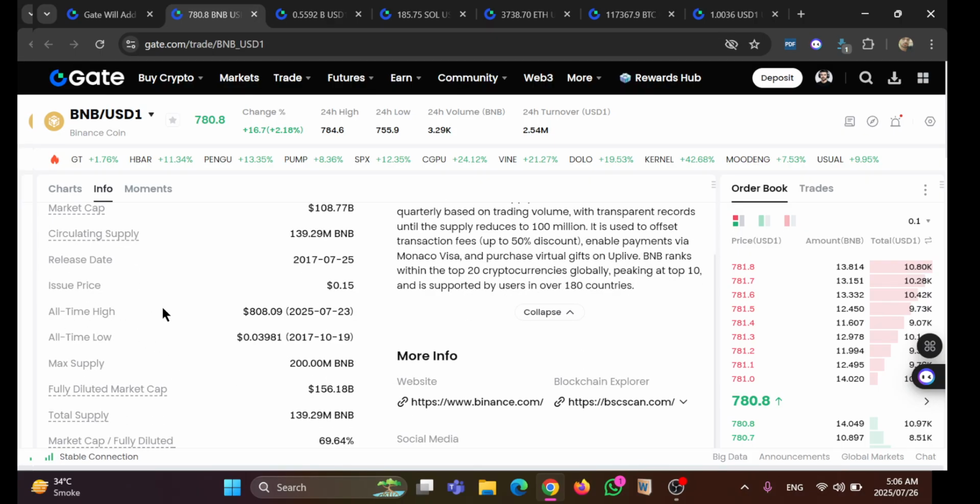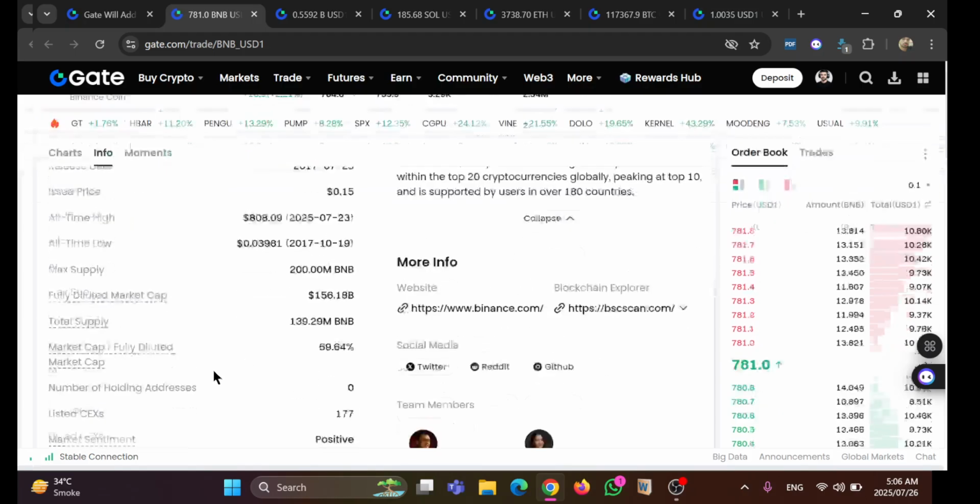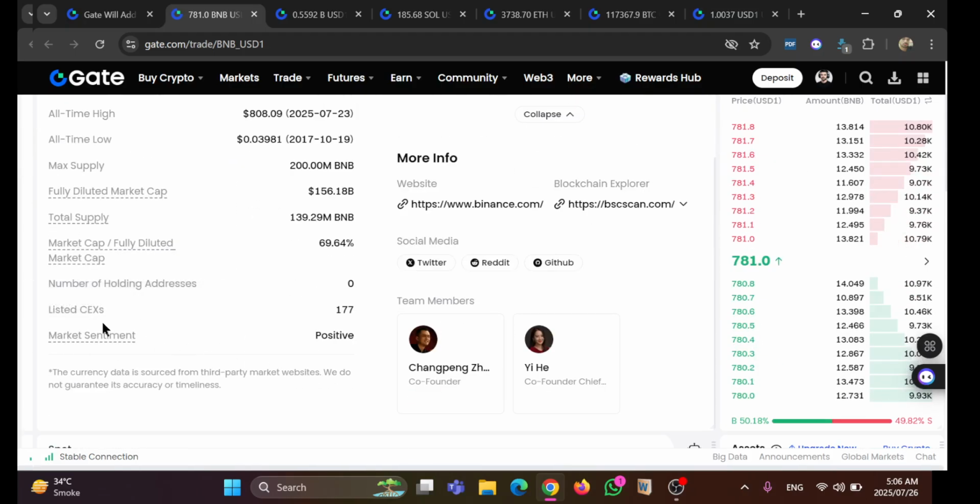The all-time lowest market price of BNB was 0.03981 USDT, on 19 October 2017. Here it is listed CXR 177 and the market sentiment is positive.